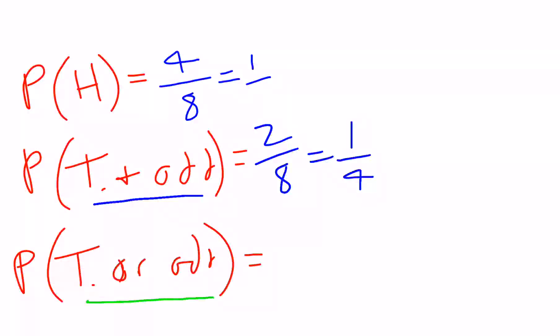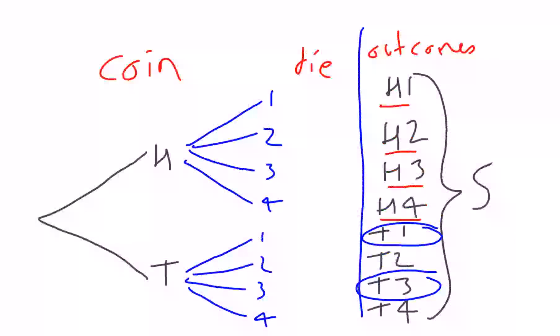Now we've got this question which I was answering before. Tails or an odd number. Very different question. Let's look at our outcomes. Tails or an odd number says tails is fine, so all the tails are fine, or anything that gives me an odd number. So this has got an odd number, this has got an odd number, and these all have tails.